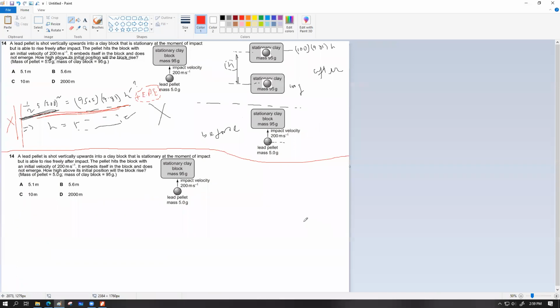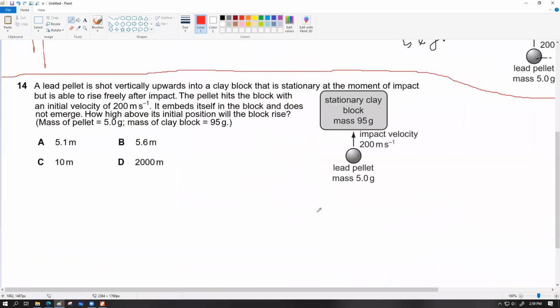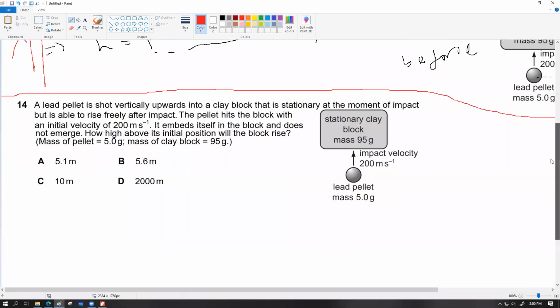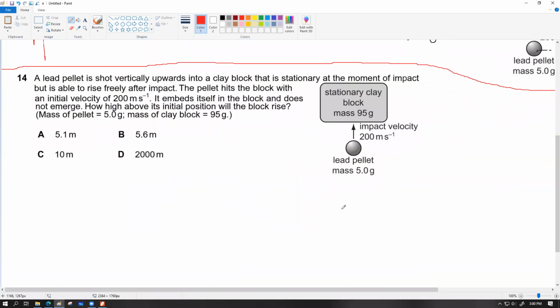Here is the situation that we have, and we can divide this entire question into two parts. What are the two parts? First, there will be a collision, then there will be a rise.